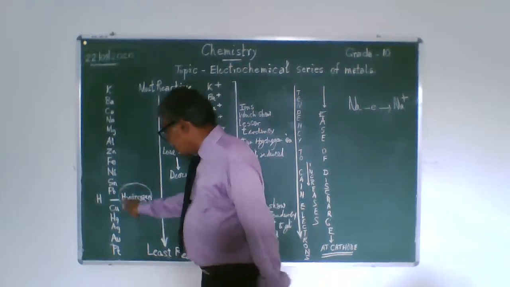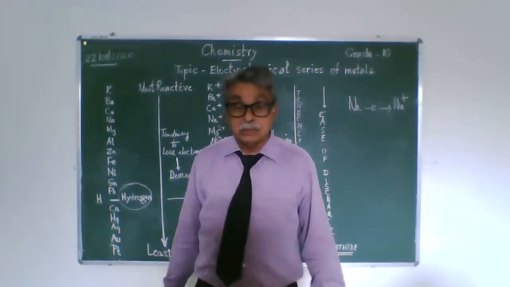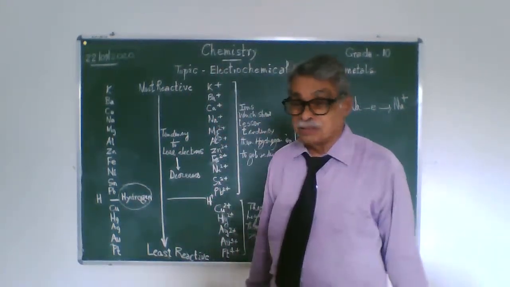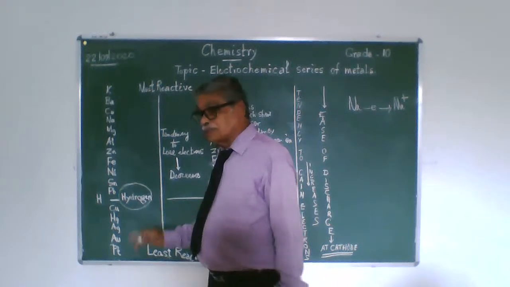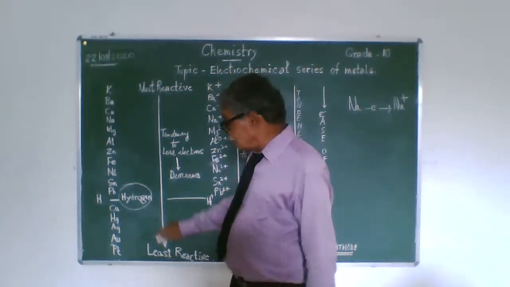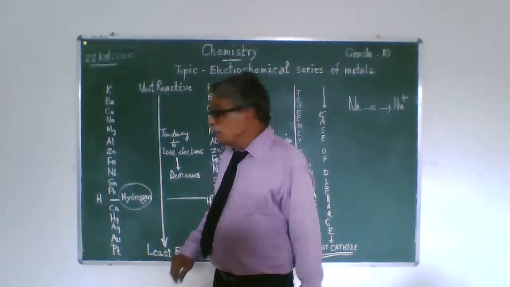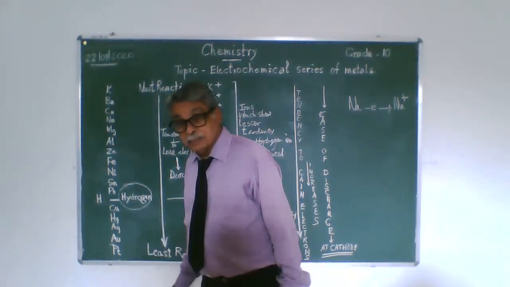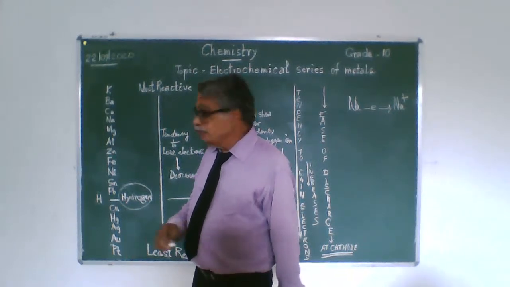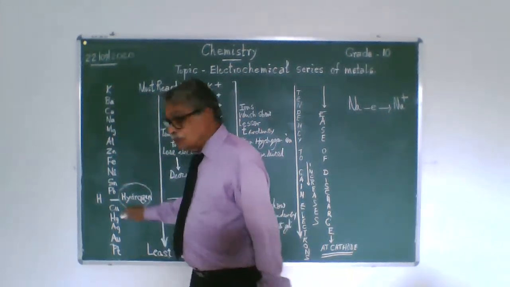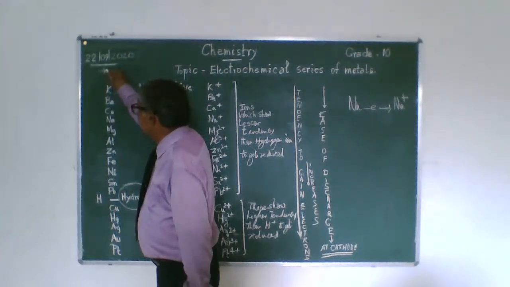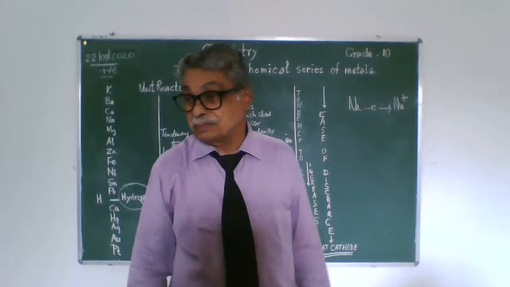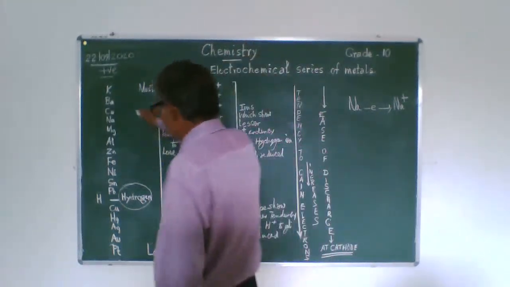This shows hydrogen also is not willing to part with its solitary electron. It is not willing to part and change into its plus. So that is why it is included here. In the periodic classification, when we learned, I told you these metals have an electropositive nature. All metals are electropositive.